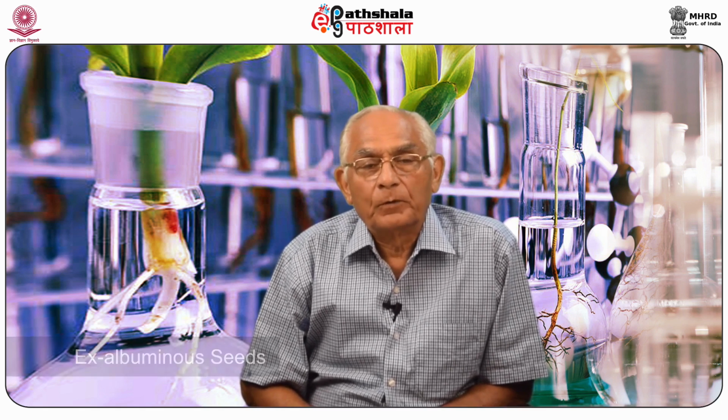For example, mulberry, citrus, and acacia have endosperm, but at maturity, the endosperm is not present because it's consumed. And these are called exalbuminous seeds. So wherever the endosperm is not there in the mature seeds, or the endosperm is not alive, the choice is to culture the immature endosperm.